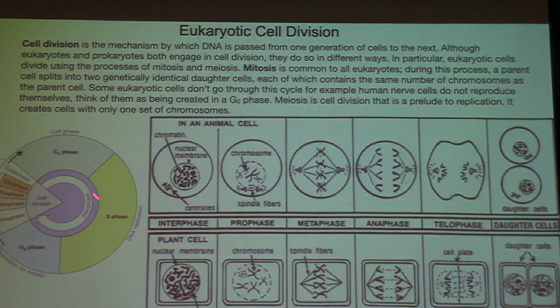And then there's a very long phase, especially in these eukaryotes, of copying its DNA, and then it gets itself ready to proceed into mitosis, the process by which the cell breaks into 2 parts.